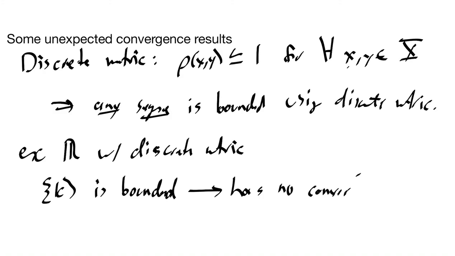And we saw earlier in the semester that every bounded sequence has to have a convergent subsequence. Well, that's true as long as we're dealing with the real numbers in the usual metric. This is not true for every metric. So here's a metric in which the Bolzano-Weierstrass theorem is false.